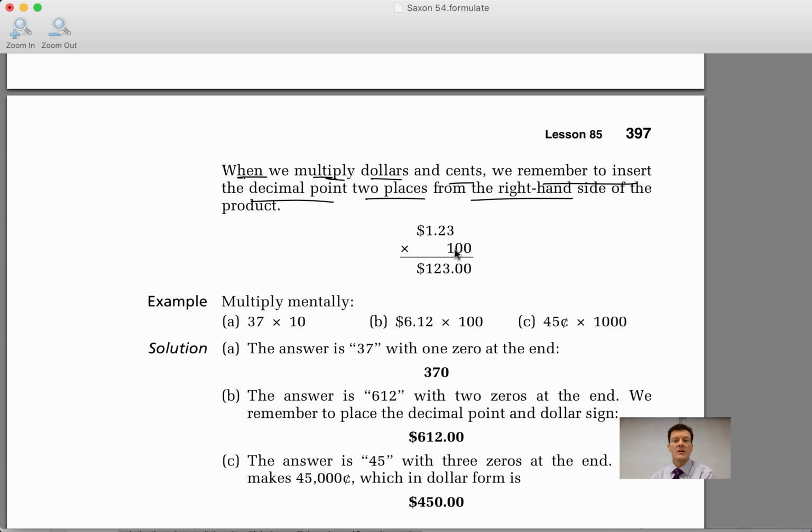So, again, you're just multiplying by 100, but remember with a decimal point, so if you take 1 times 1.23, you get 1.23, but you're multiplying by 100, so you don't just add 2 zeros at the end, you are actually moving the decimal point over 2 places when you multiply by 100. So that would be $123.